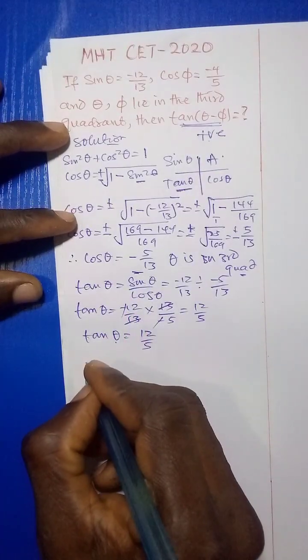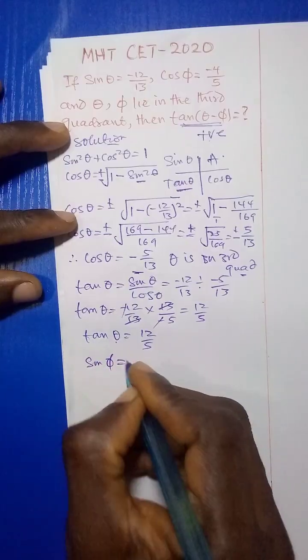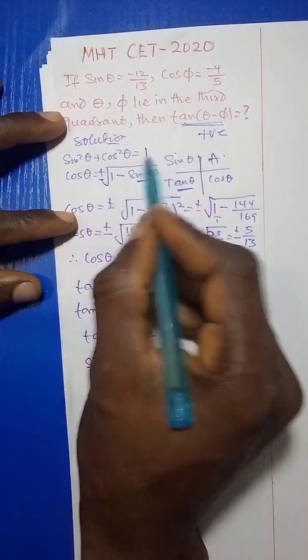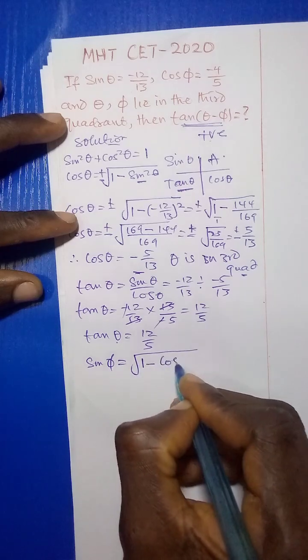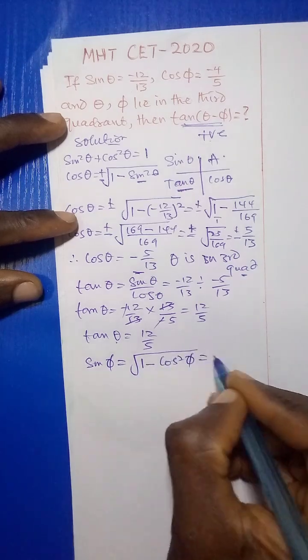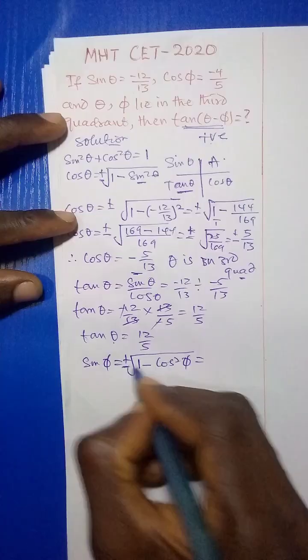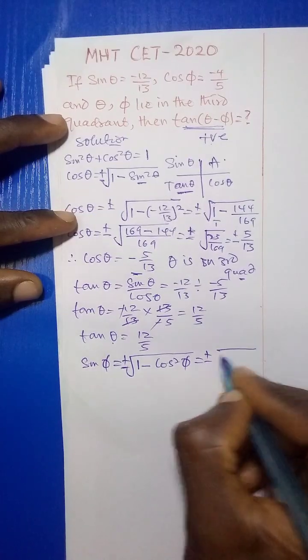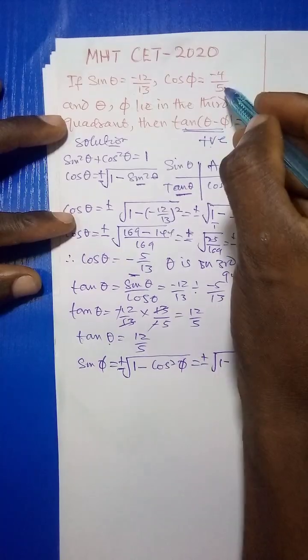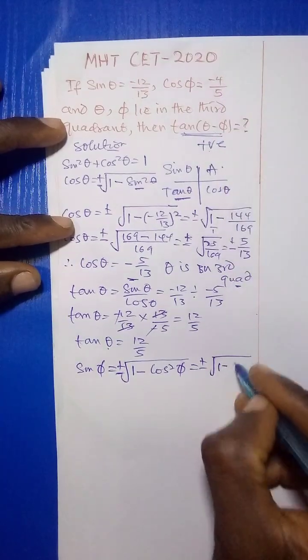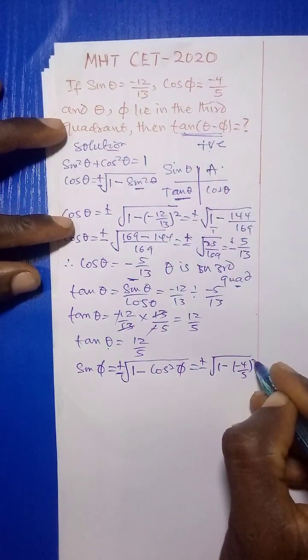We have sine phi is equal to, applying this formula, the square root of 1 minus cos squared phi. That becomes, let's put a plus and minus here, so plus and minus the square root of 1 minus cos phi, which is minus 4 over 5, all squared.